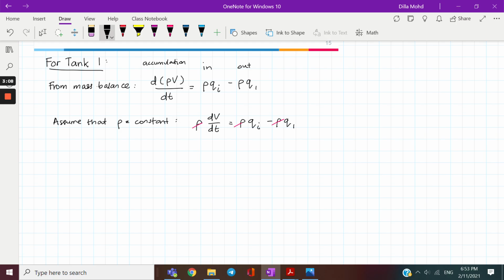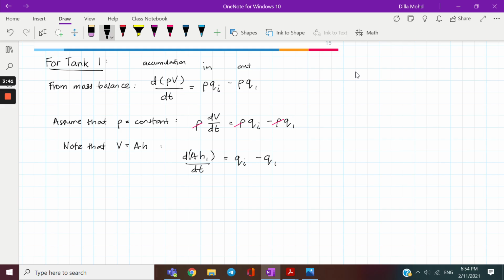And then we also know that volume is equal to cross-sectional area multiplied by height. So we can have our equation in terms of these two: d(A1 H1)/dt equals Qi minus Q1.